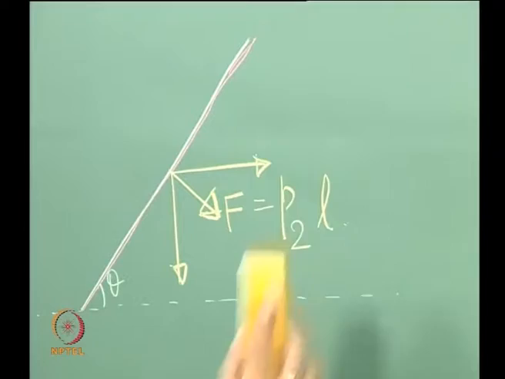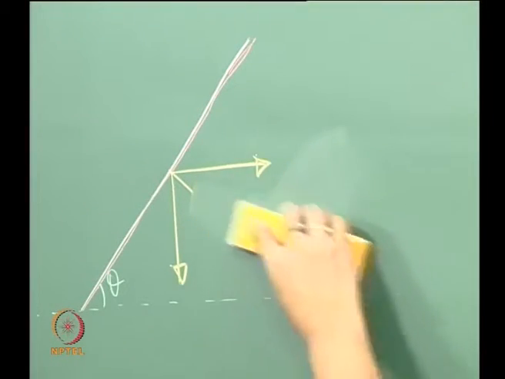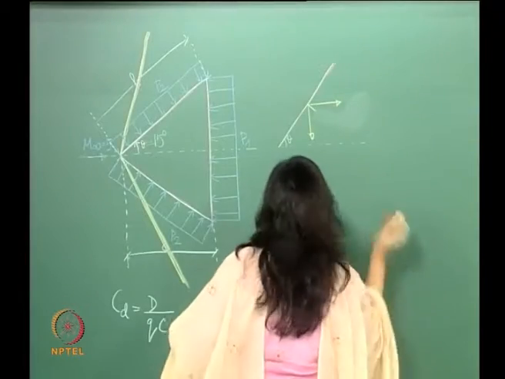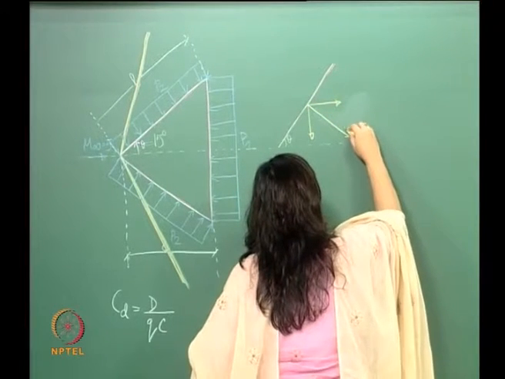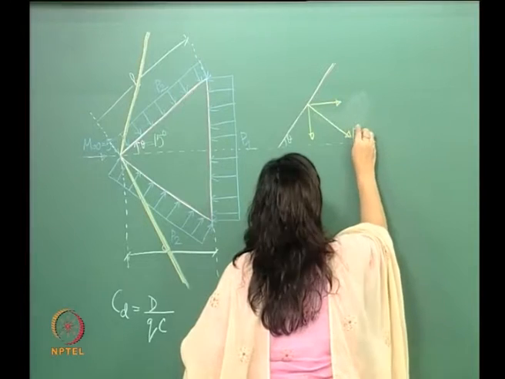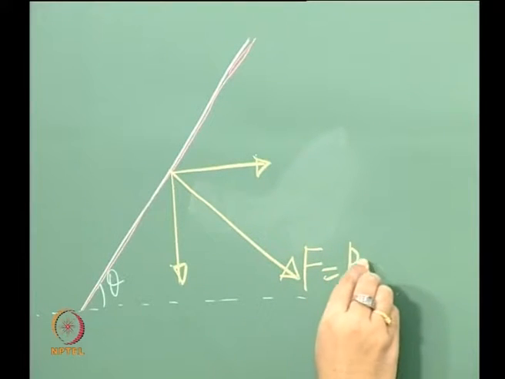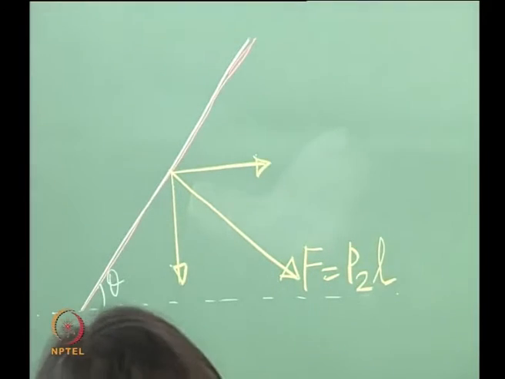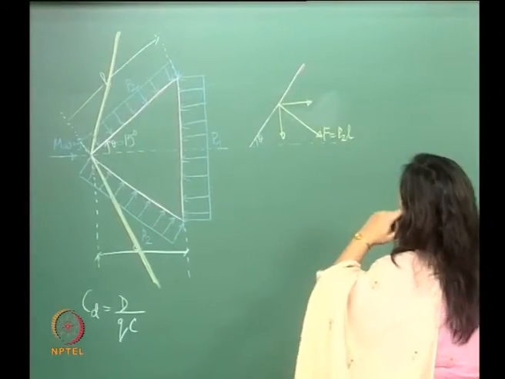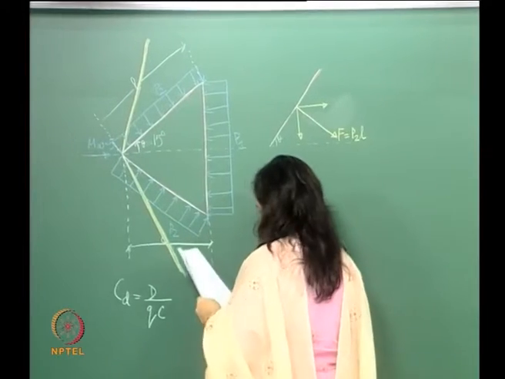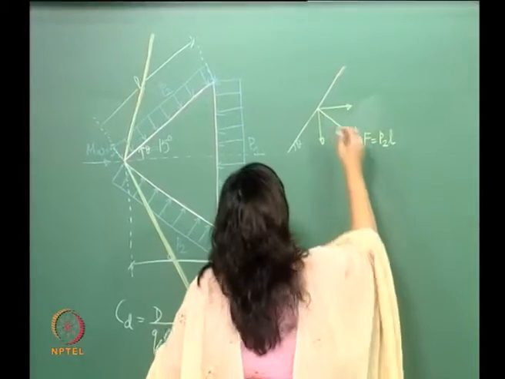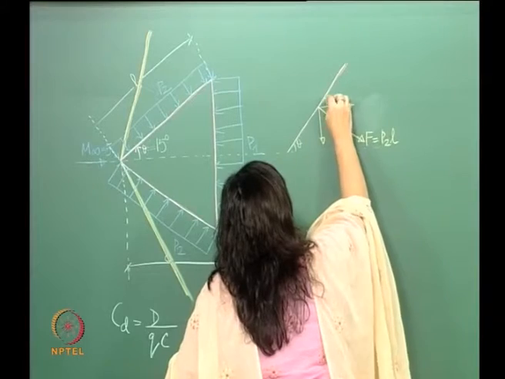Let me make this a little more clear. So this is an F, which is equal to P2 into L, and this is a theta.